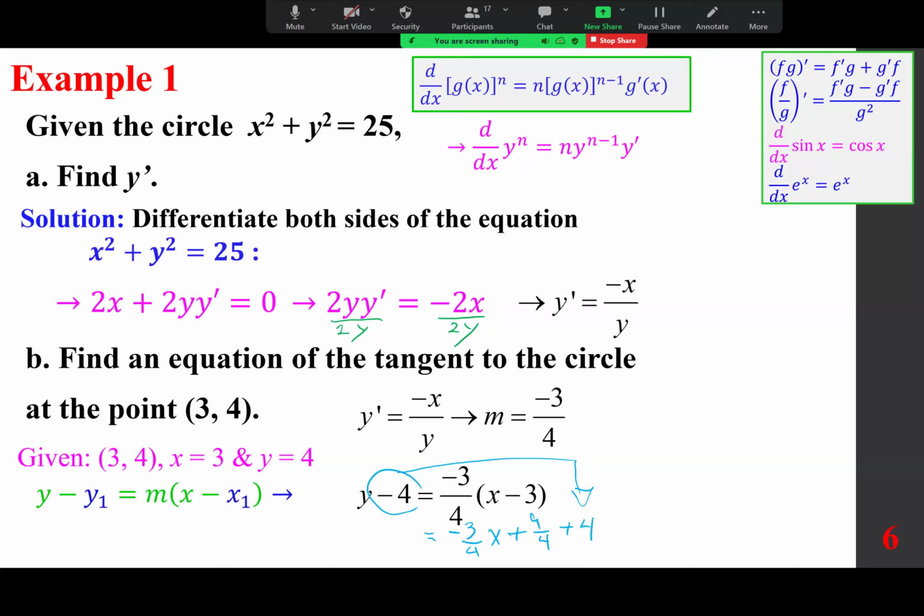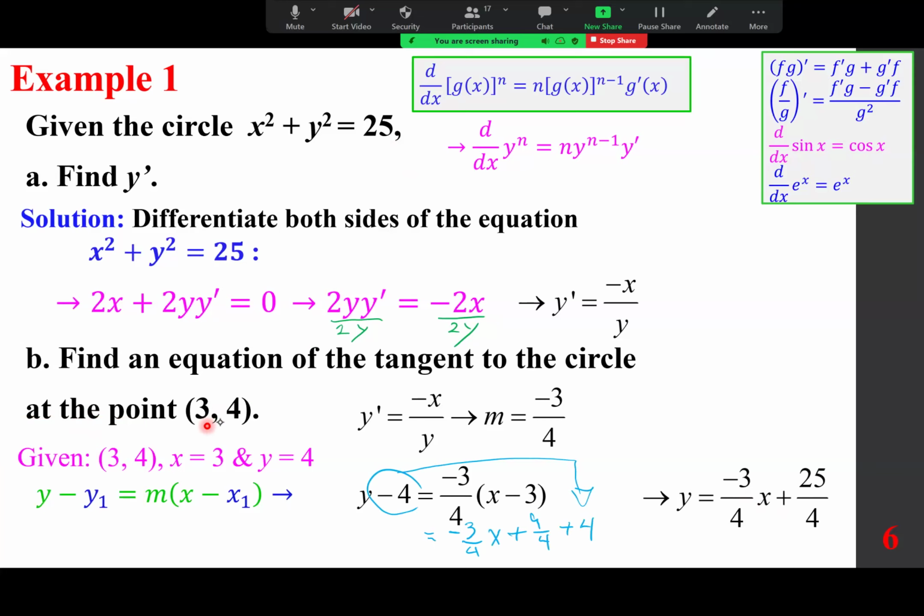It becomes positive 4, and as you know, positive 4 is 16 over 4. We end up with y being negative 3/4 x plus 25 over 4 as the equation of a tangent line on the circle of x squared plus y squared equals 25 at the pair 3, 4.